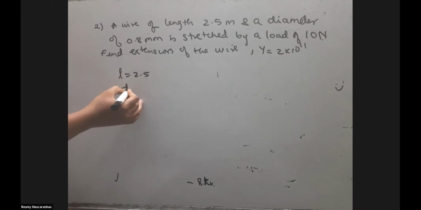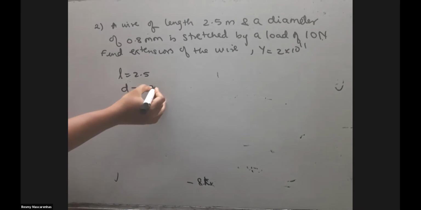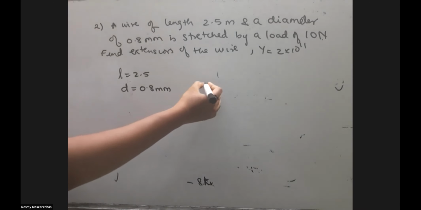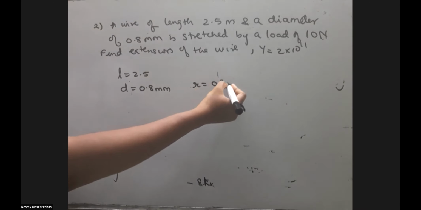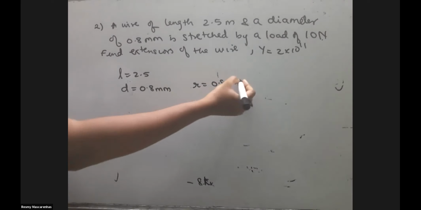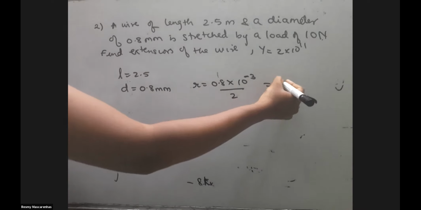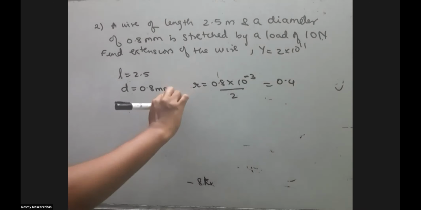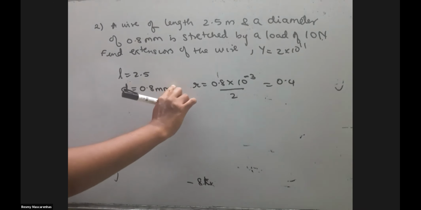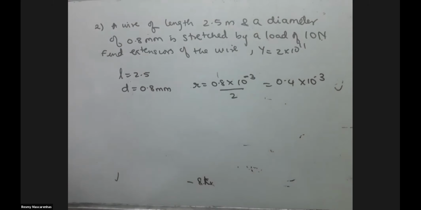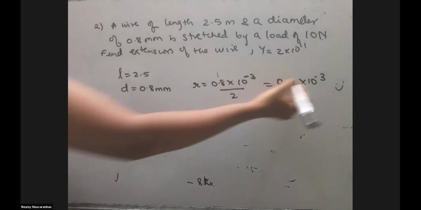Now diameter is given in mm. So radius will be 0.8, and this will be 10 raised to minus 3 upon 2. Now there is no squaring because this is simple mm. If it was area, then it would be square. That will be meters.